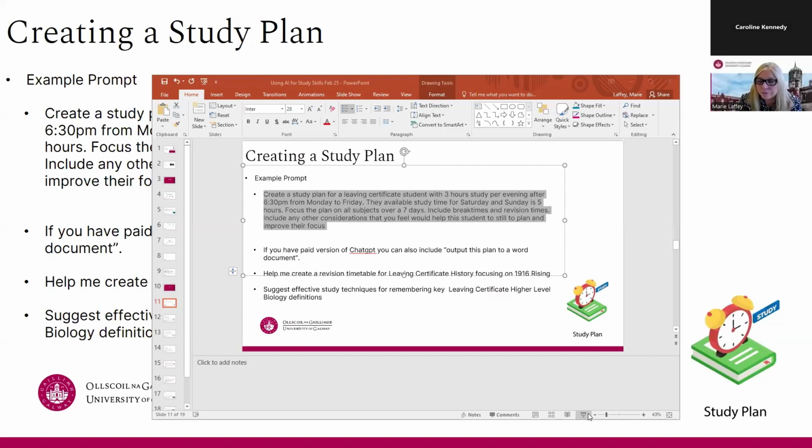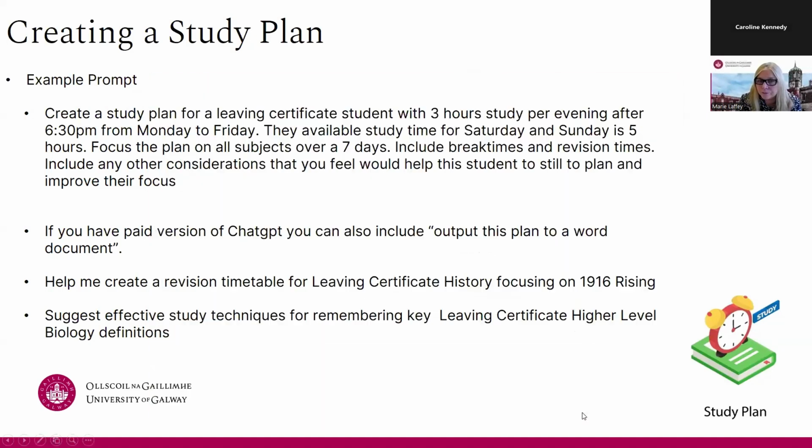Share a screen, and sorry. So have you seen that again? You can see this one. So that's the study plan, in terms of a prompt that you can use to create it.